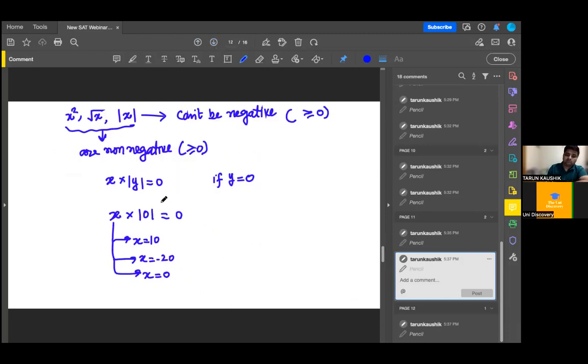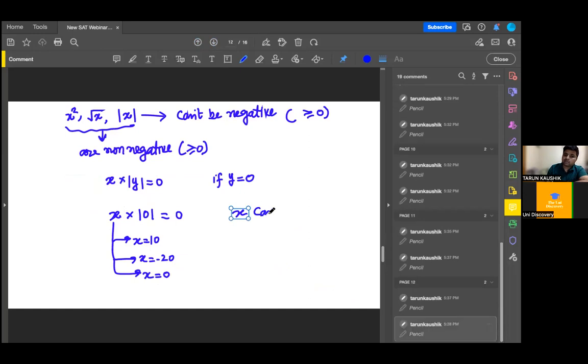We have seen that as soon as I fix the value of y as 0, my entire equation becomes independent of the values of x. So now I can say that x can be a positive number, it can be a negative number, it can be 0 as well.